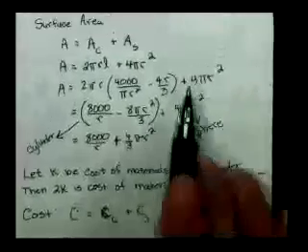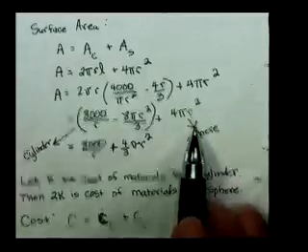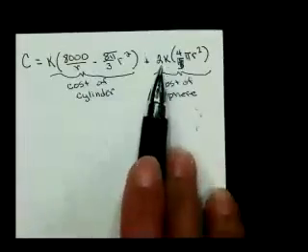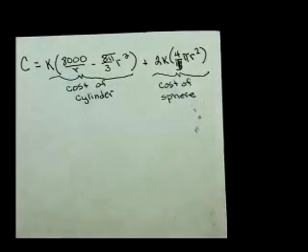I'm all over my paper now, but I just multiplied the area of the sphere, 4 pi r squared, by 2K, since this material costs twice as much as that material.